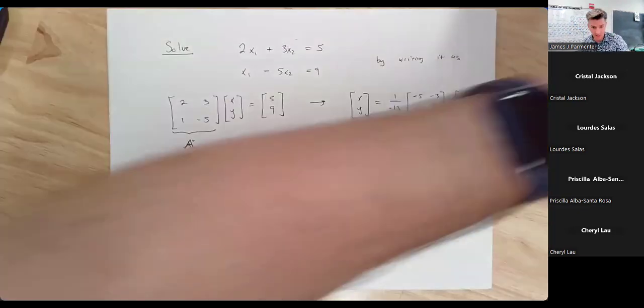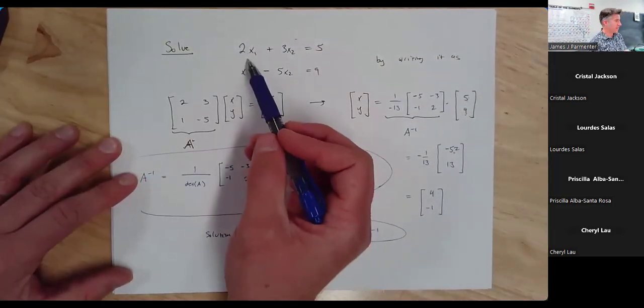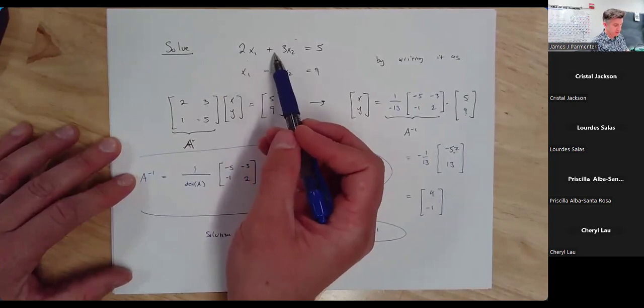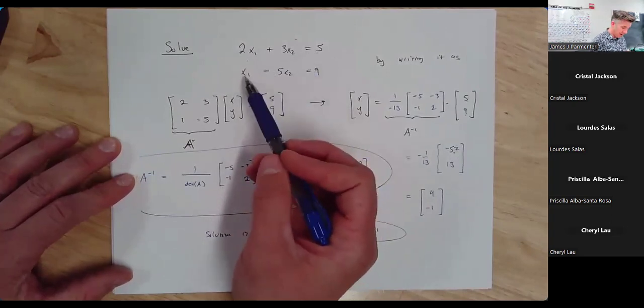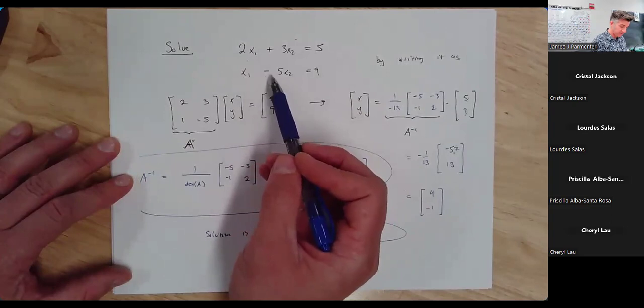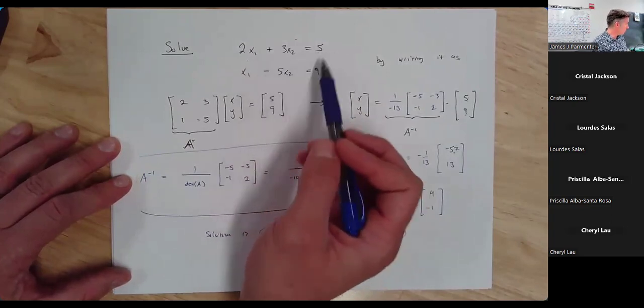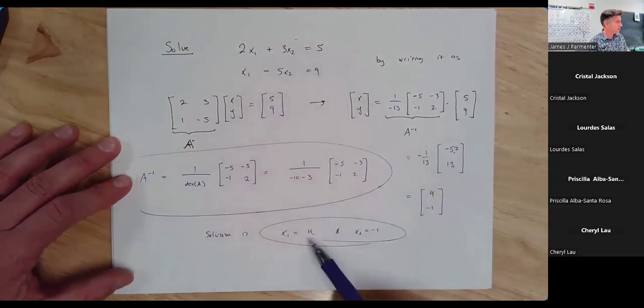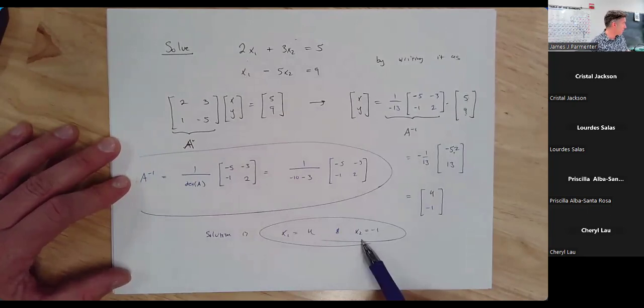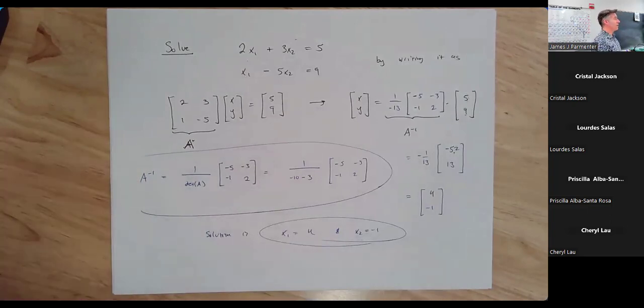And similarly here, these two lines, I'm going to think of this as 2x plus 3y equal to 5 and x plus minus 5y equal to 9. Those two lines, if we graph them, would intersect in the point x equal to 4 and y equal to negative 1. But not every set of two lines intersects.